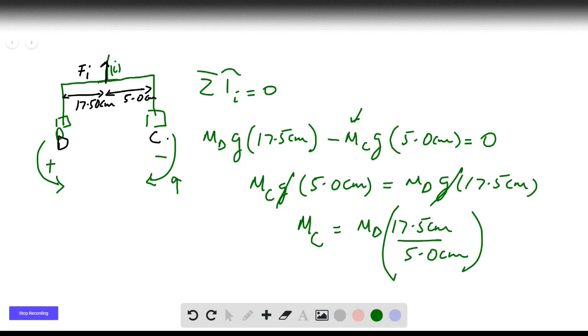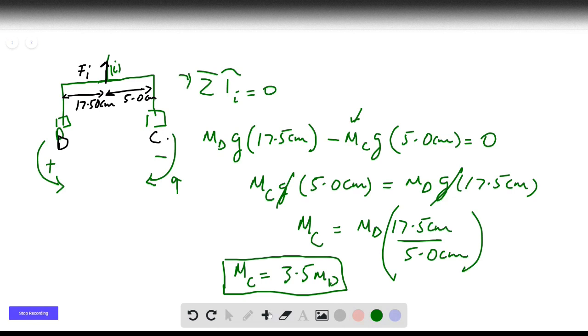So MC becomes equivalent to 3.5 MD. And this is a critical equation that we're going to be using, so we need to keep track of that. That's the first part of the problem involving the torque.